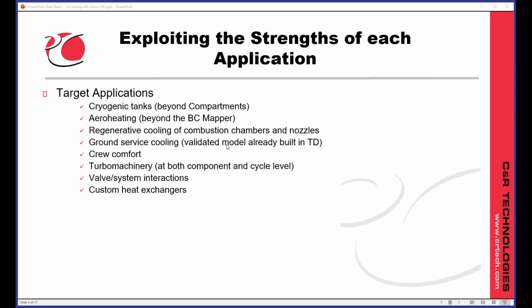So that would be a case where maybe you'd superimpose CFD onto a TD model. The obvious combination is not necessarily just the strengths of each application, but more the time history of how the models came to exist. You'll probably be hearing a lot more about comfort in the coming years as we become more and more focused on launching humans to the Moon and Mars, but that also would apply to airplanes and ground vehicles too.